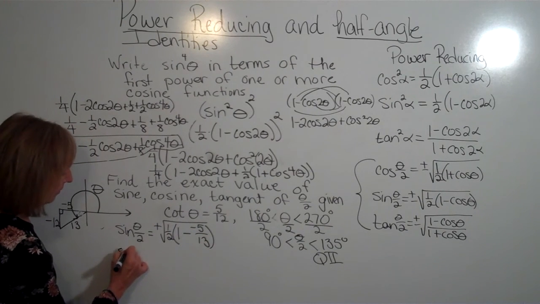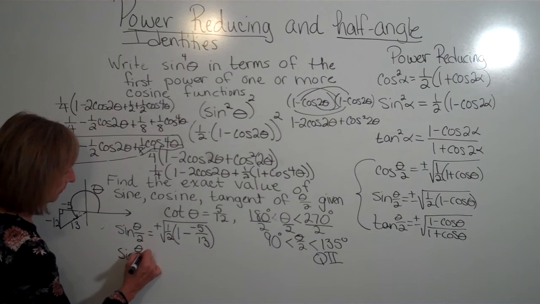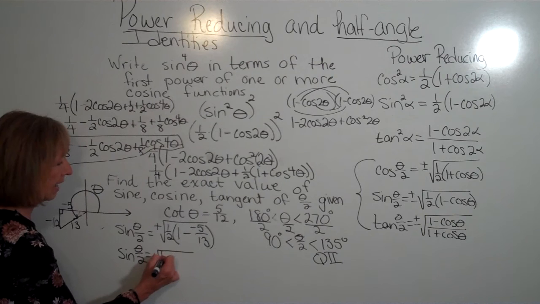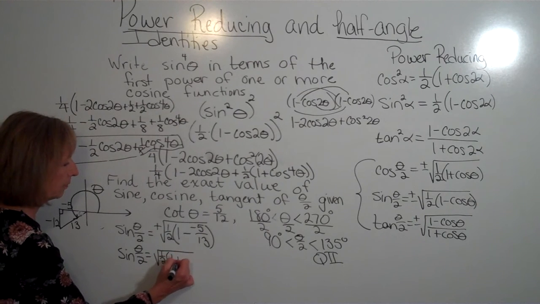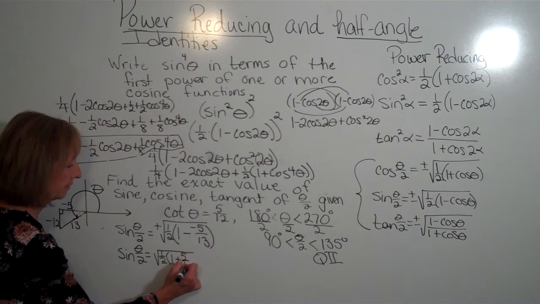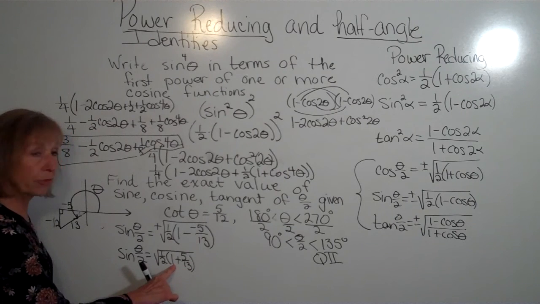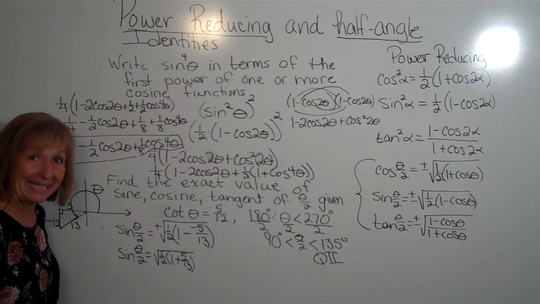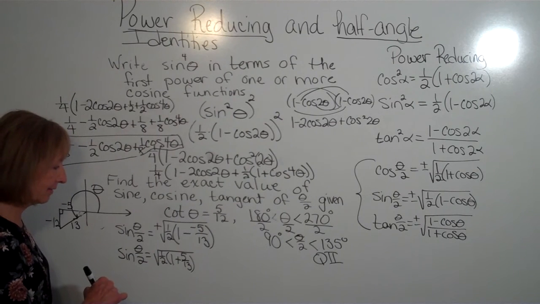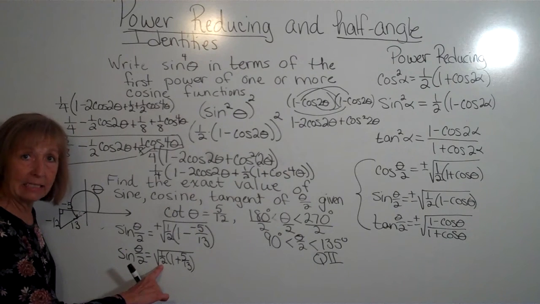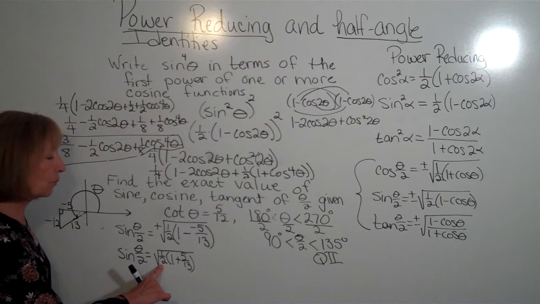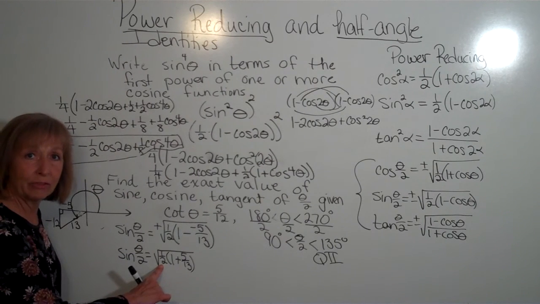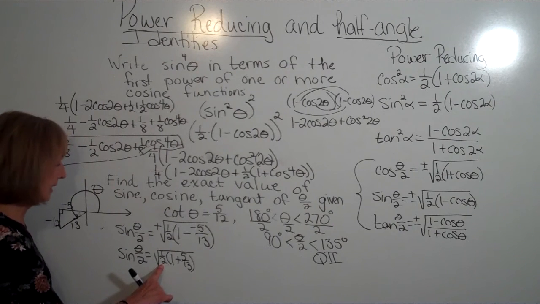So my sine of theta over 2 is going to be the square root of 1/2 times 1 plus 5/13. Well, 13/13 plus 5/13 is going to give me 18/13. And 18/13 times 1/2 is going to give me 9/13 when you take the 2 into 18.